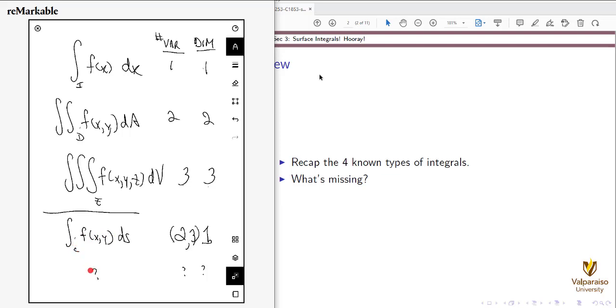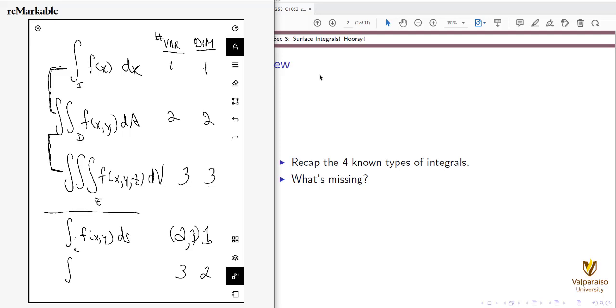There's something missing. We haven't done the 5th type yet. And if you understand how this integral is sort of a hybrid of these 2 scenarios, the thing that's missing is sort of a hybrid of these 2 scenarios in which we will integrate a function of 3 variables over a two-dimensional region of integration, which would be a surface.